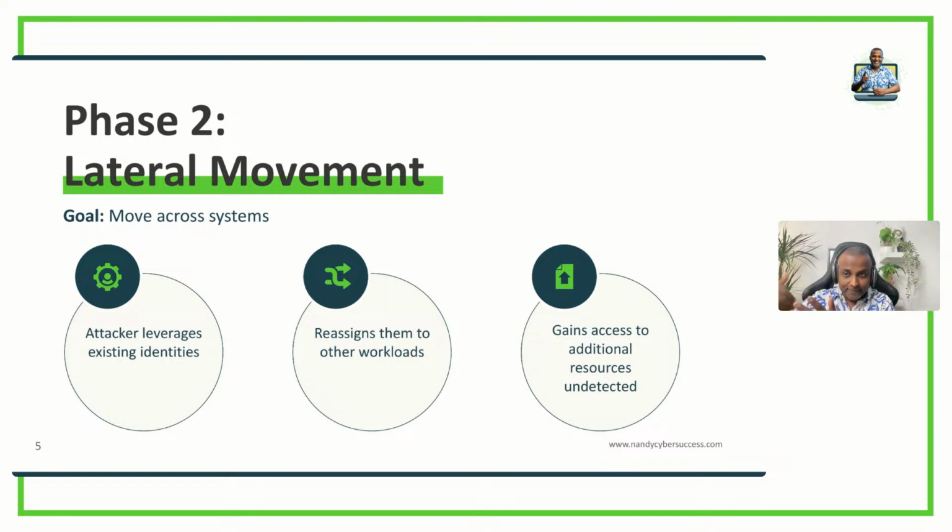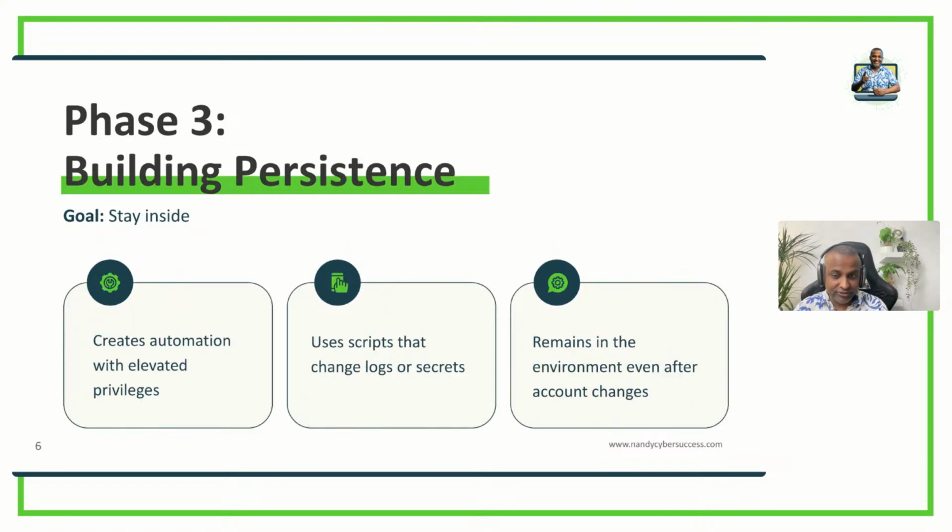If you have a development subscription with a different development research group, once they have access and you already have a privilege, how difficult is it for that attacker to get from the development subscription to the production subscription? So all the lateral movement starts happening, and they will plan that action accordingly and then do further damage.